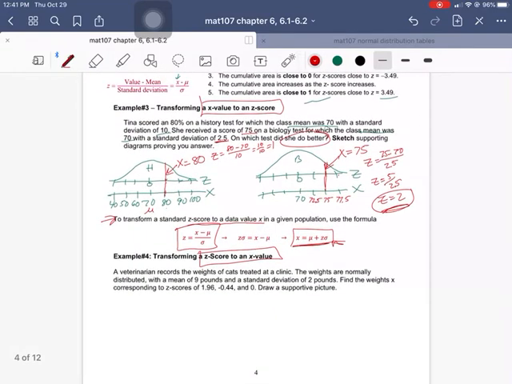So a veterinarian weighs cats. Alrighty, and you'll see me flip this around. Sometimes I do the z on top, sometimes the x. Make sure the z is always 0. The mean is 9 pounds. Okay, standard deviation of 2. So at 1 standard deviation, there is an 11.